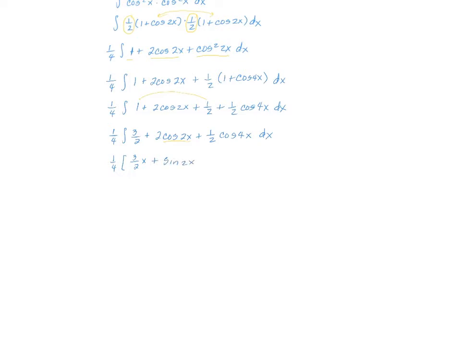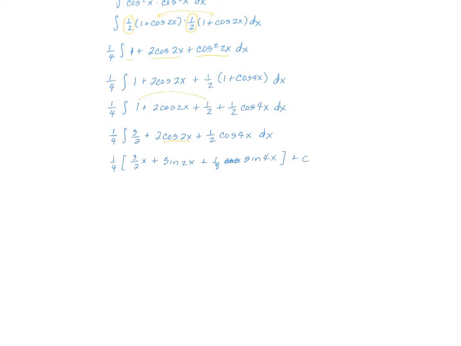And then the integral of cosine of 4x is sine of 4x times 1/4. So this actually ends up being 1 over 8 sine of 4x. And that's going to be plus our constant c.